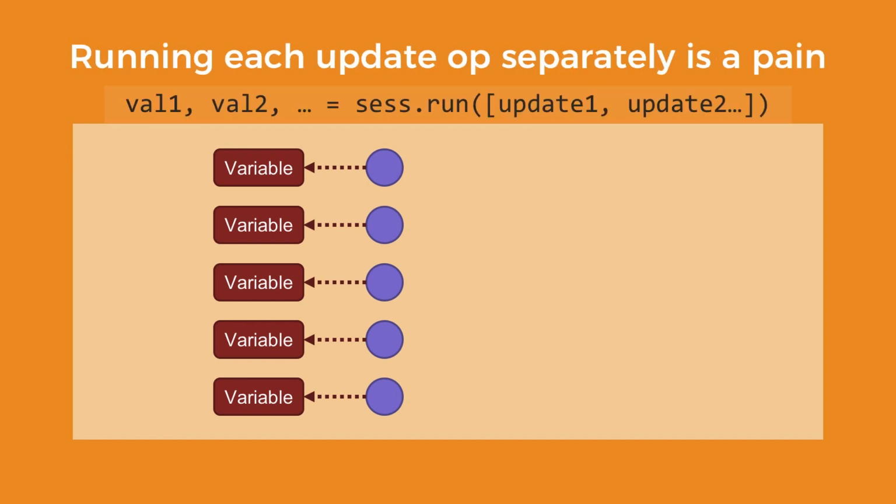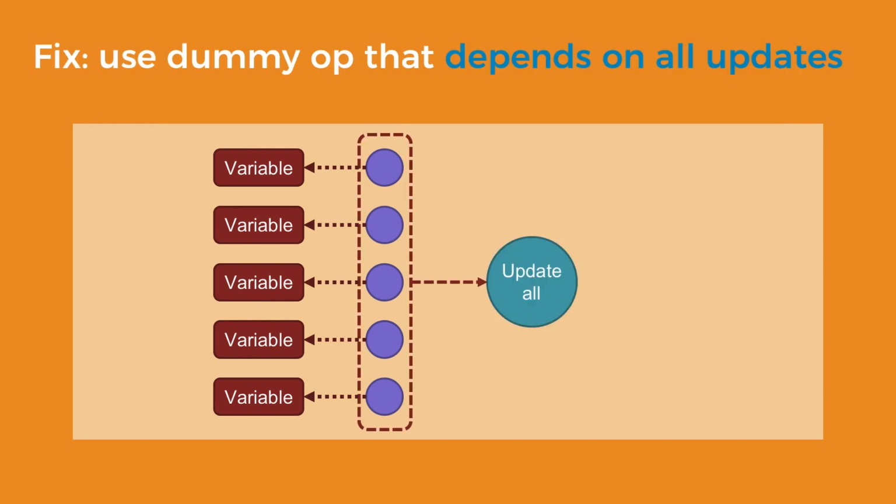But passing in a bunch of operations to session.run is a pain. And if we change the number of operations that we're updating, then we all of a sudden have to change our session.run call, and that's really obnoxious. What we can do instead is add a helper operation that has all of these operations as dependencies, basically saying, in order for this node to run, all of these individual update ops must run first.